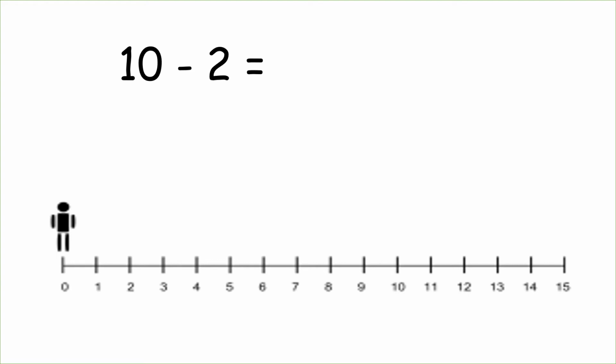Here we have another sum. We have 10 take away 2. So the first number is 10. What do we do? We start at 0 and we jump straight to 10. And the sum says to take away 2.